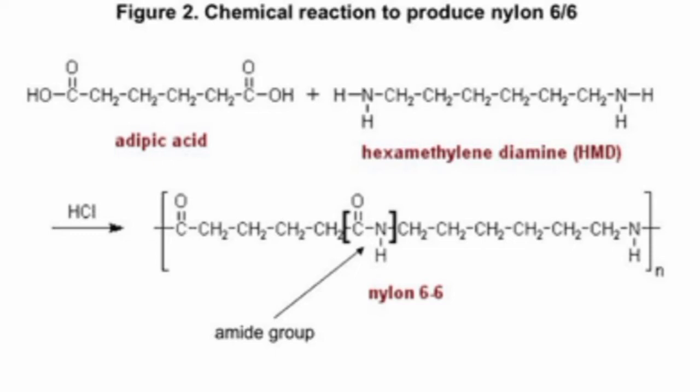CO gets bonded with NH. It means a carbon nitrogen bond is formed, a CONH linkage is formed, that is, an amide linkage is formed between adipic acid and hexamethylene diamine.